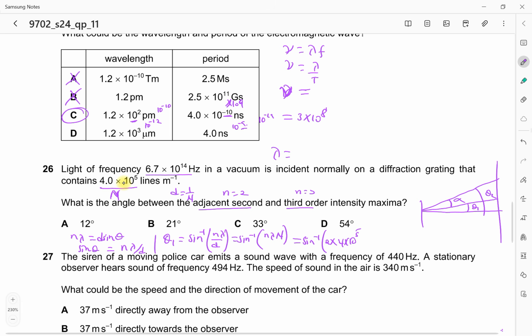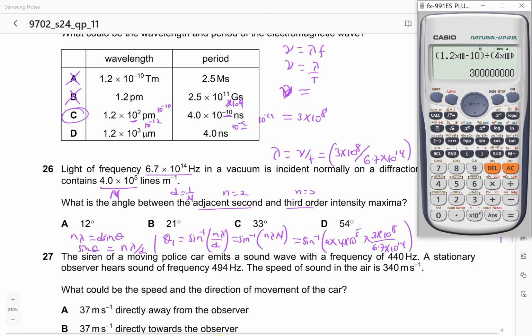Lambda is equal to v divided by frequency, which is going to be 3 times 10 to the power of 8, divided by the frequency, which is 6.7 times 10 to the power of 14. So this is the wavelength. I'll just press my calculator.